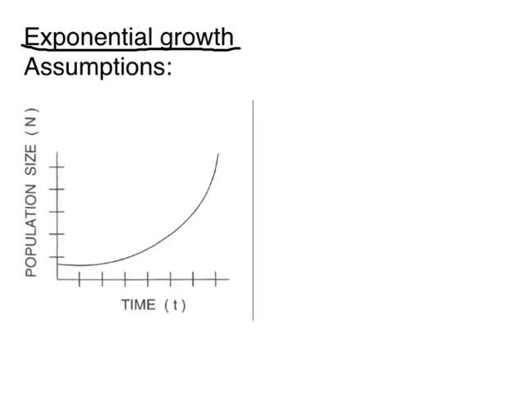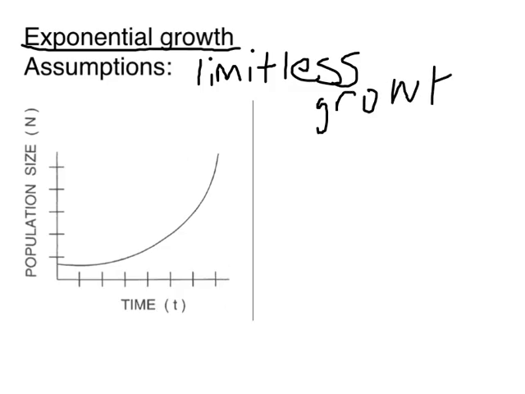Now, this is a model. In other words, it's a mathematical prediction of how the population is going to grow, and every model is based on assumptions. And in this case, this assumes limitless growth. Okay, it's going to assume that growth here is limitless. Now, we know that's not true.